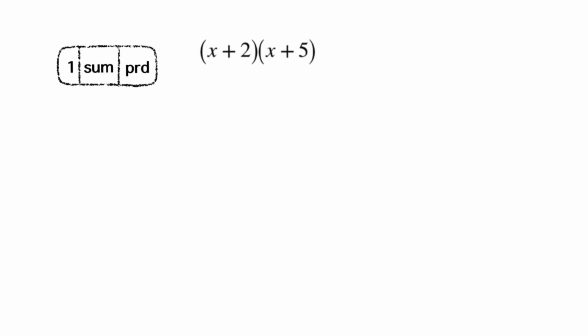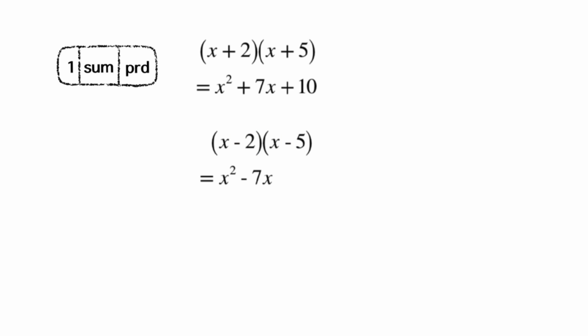Move on to expansion. Like 1x squared, sum x, and 2 times 5. Once again, 1, the sum of negatives, and a product.